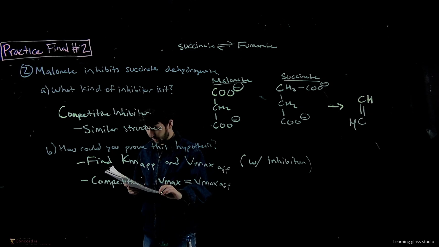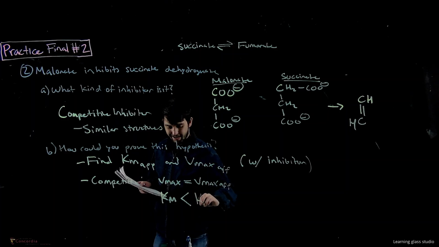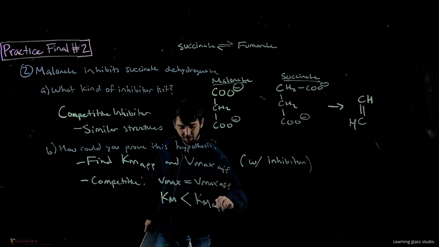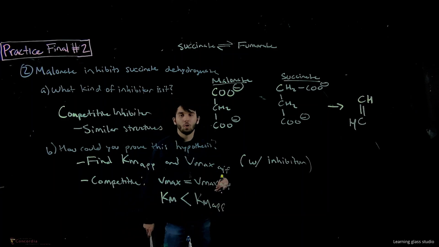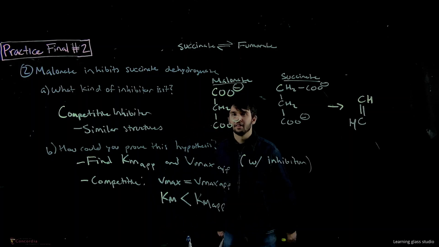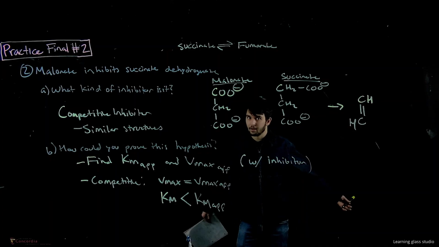However, we will also see Km is less than Km apparent. Why? Because with the inhibitor, it takes more substrate to fill 1/2 of all enzyme active sites with substrate, because those active sites are also going to be filled with inhibitor, all right? So if you observe these trends, you can then confirm that malonate is, in fact, a competitive inhibitor.